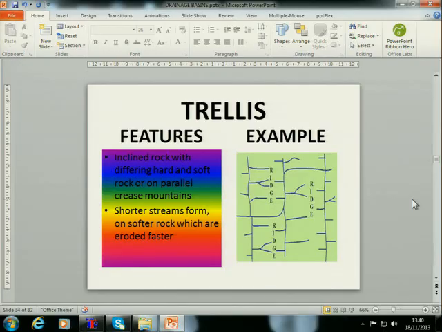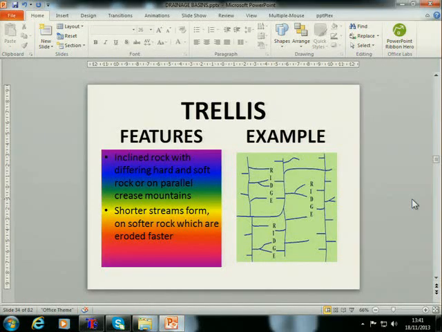There is differing hard and soft rock. We can also get it at parallel crease mountains. Okay, now, those short streams that you see in the trellis pattern are formed on softer rock. Softer rock is eroded faster by the water.